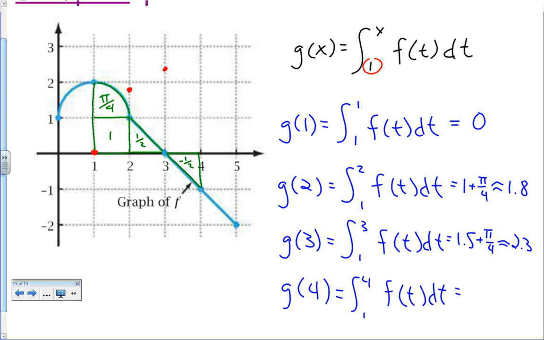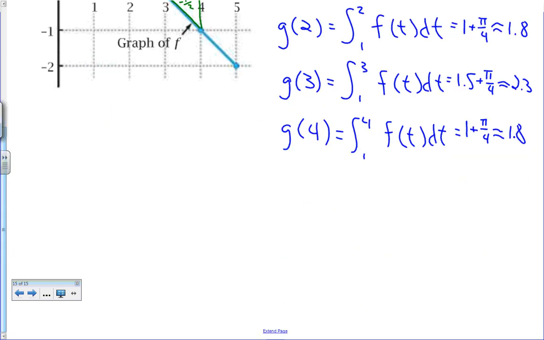So now we have subtracted off that 1/2 we added on from 2 to 3. So it turns out this is 1 plus pi over 4 again, which is approximately 1.8. So now at x equals 4, we'll plot a point again at 1.8, which is about right there.